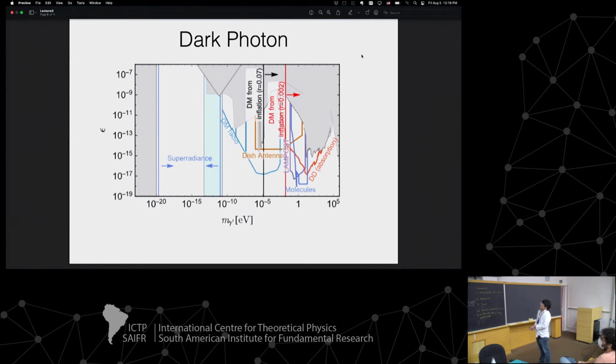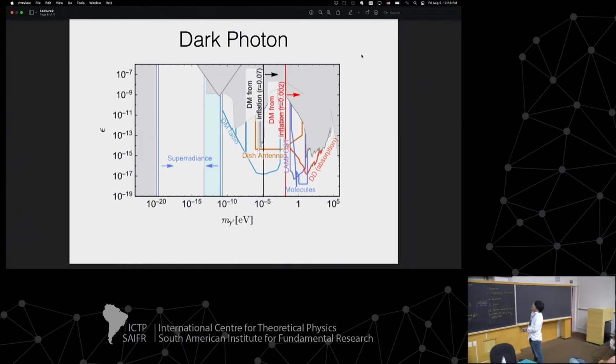So that's why we are designing, for example, this Lamppost experiment, to look at dark photon around the eV range, and with some improvement of technology, we might be able to go to the left and hopefully cover the full mass range. So all of these experiments again are resonant experiments. So this again is ADMX.